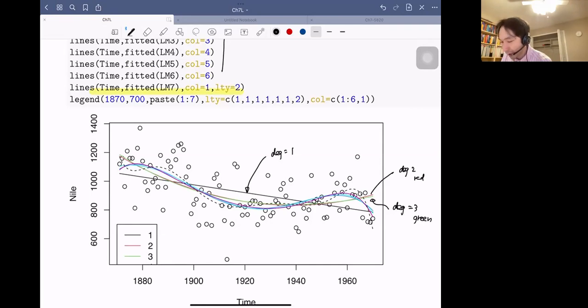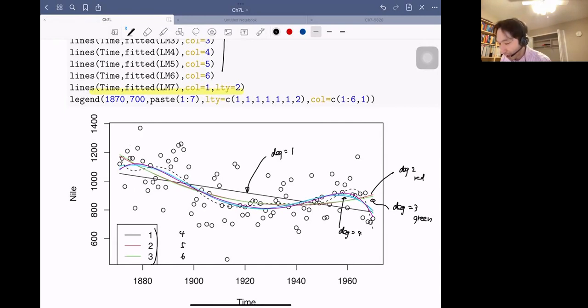And the degree 4 is, I think, the blue. The blue one is around here, so this is degree 4. And 5, I'm not sure, maybe purple. And 6 is the light blue, maybe. So you can see that these are fitted lines.